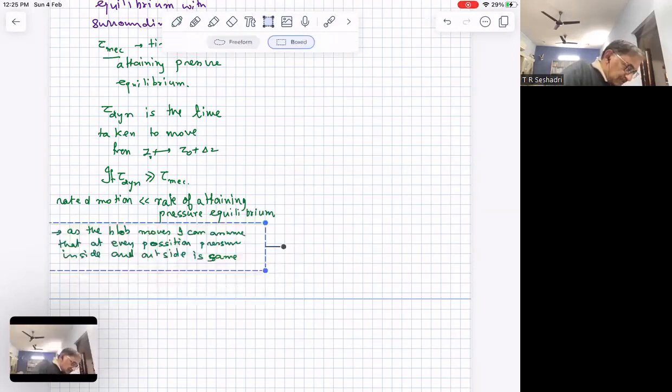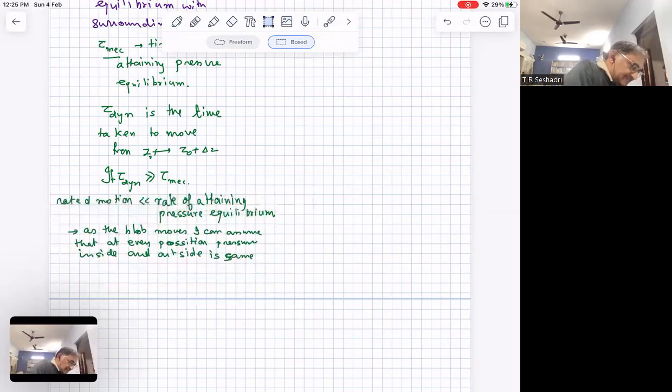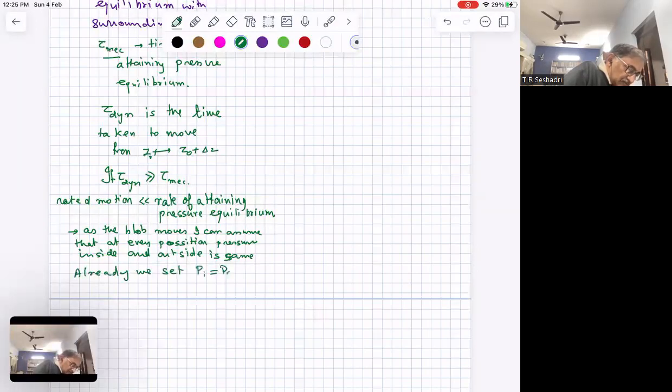Now, what this means is, we already set Pi is equal to Po.